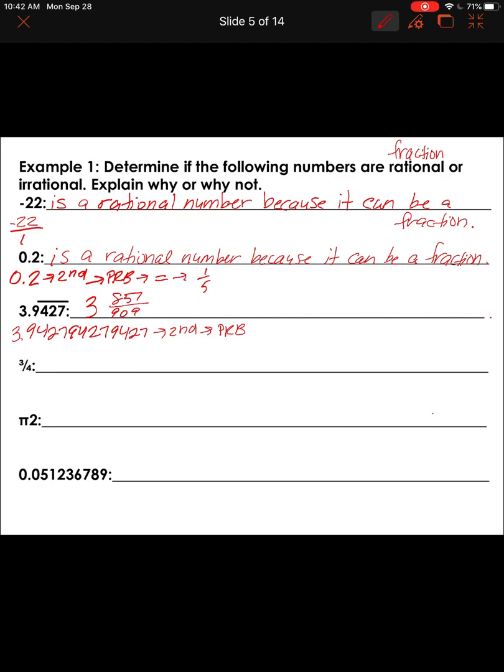So yes, it is rational because it can be a fraction. Next one, 3/4. Well, 3/4 is already a fraction, so 3/4 is rational because it is a fraction.